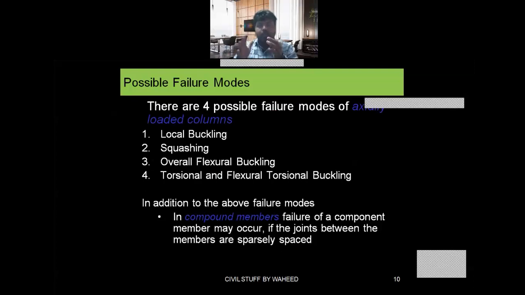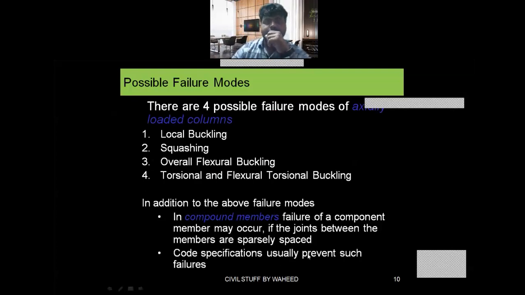In a compound member, failure may not be of the whole member, but a single element or any joints may also lead to failure of the member, the column. Okay, but IS 800:2007 specifies provisions to prevent such types of failures.